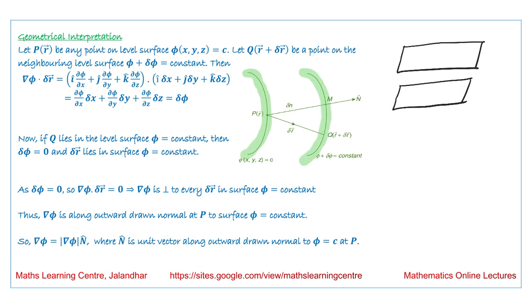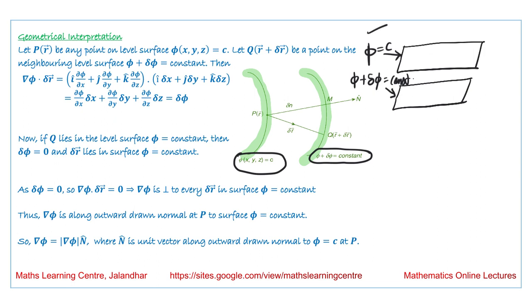A level surface, we already know, means the value of the scalar function on this surface is phi equal to c, and on the other level surface the value is phi plus delta phi equal to some constant. These are the two level surfaces. It is up to you whether you consider them as planes or as these curves.